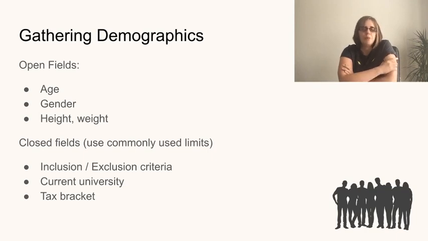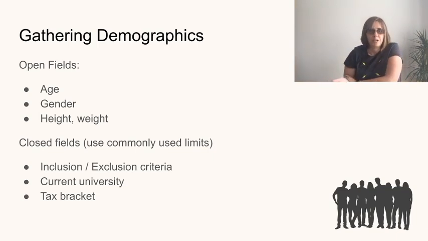You can put people into brackets afterwards to do your analysis, if that makes sense, but why would you limit the value of the data you're getting in by bracketing it off so early? In cases where you already very clearly know what you want to find out, for example, I want to find out about the behaviours of people who pay different levels of tax, and that's my hypothesis, then dividing people by salary so that you can infer tax bracket makes sense.